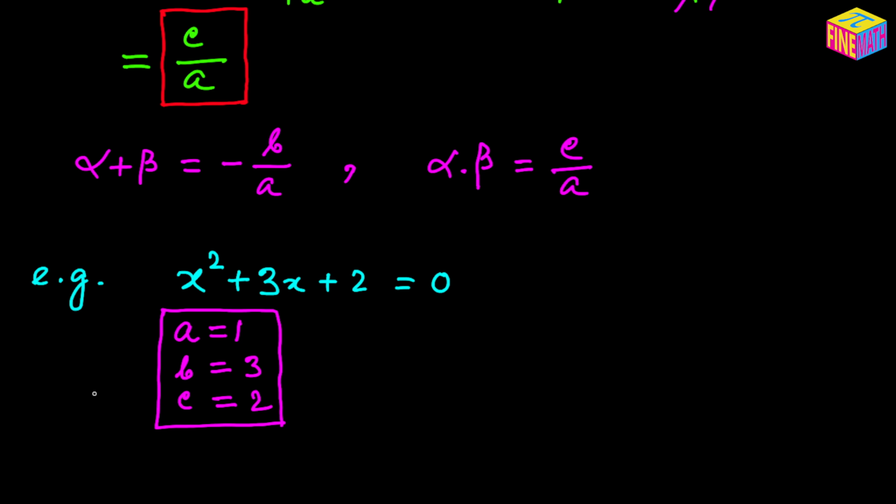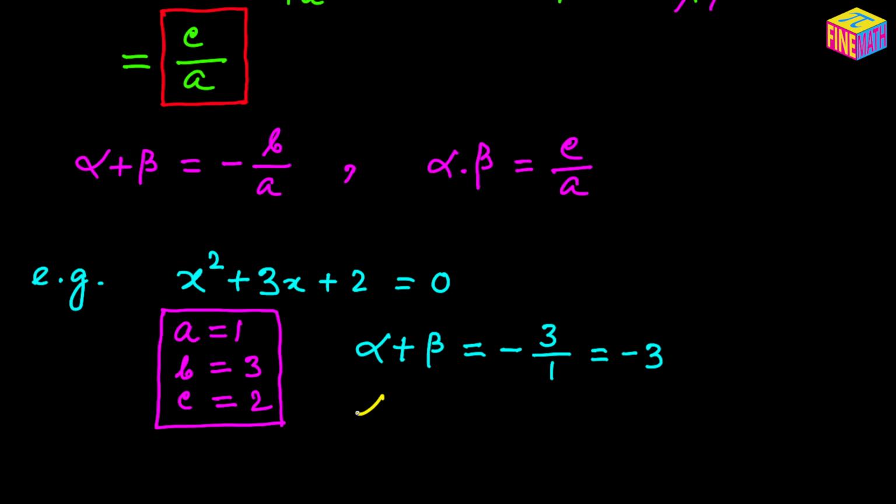Now if we have to calculate the sum of the roots, I'm writing right here alpha plus beta, it will be negative b by a. What is our b? b is 3, and a is 1, so this is negative 3. So the sum of the roots would be negative 3. And what would be the product of the roots?